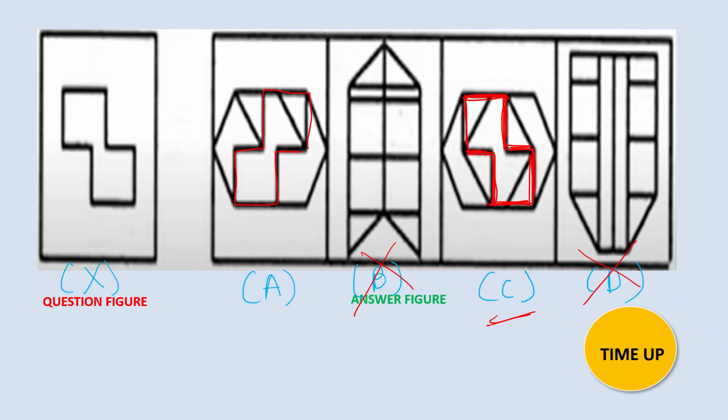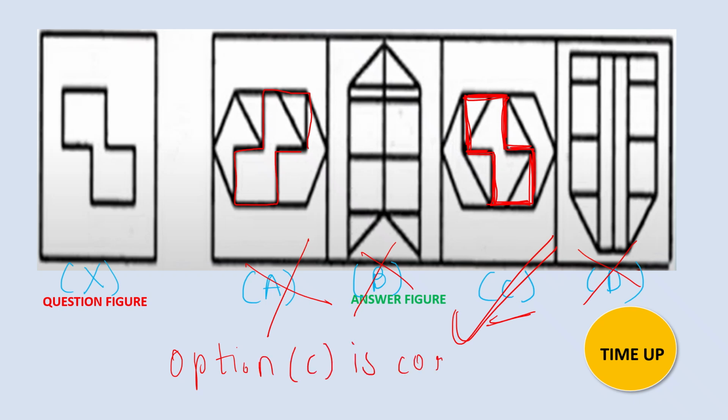And in option A, only if you rotate will you get it, correct? But that should be your last option. So option A is wrong and option C is correct because you can find the exact image in option C. So option C is correct.